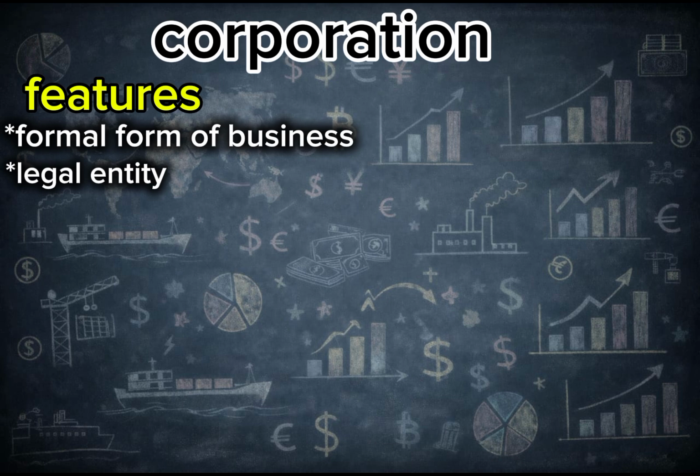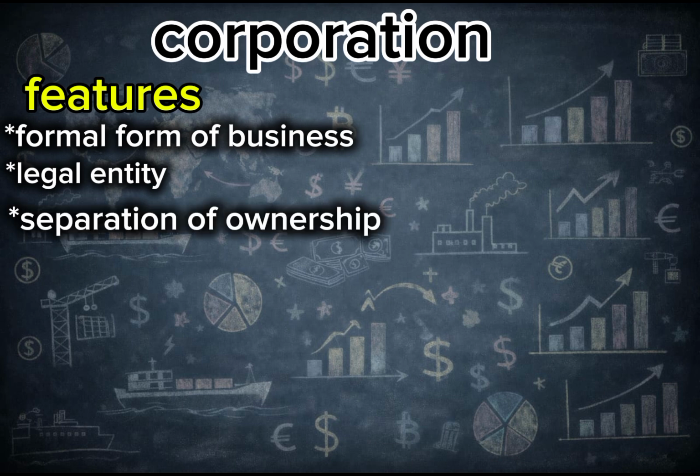And obviously, this type of business will require a large capital base. Unlike the sole proprietorship and the partnership type of business, the business corporation has something called separation of ownership.